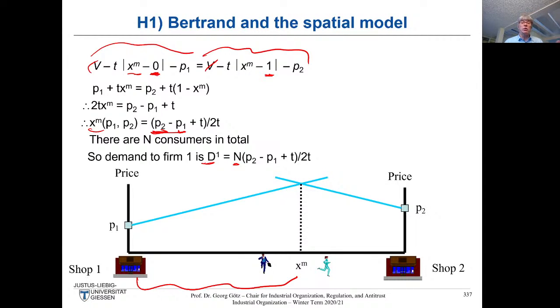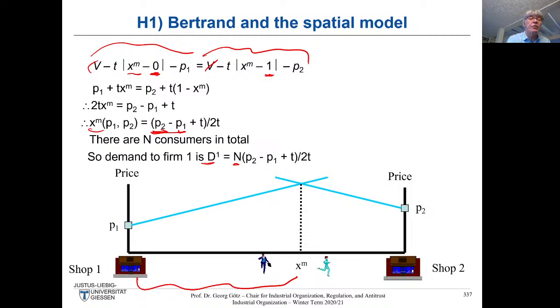Okay, now, as you always, now we have got the demand function, and once we have the demand function, everything is solved because we can simply now set up the profit function, take derivatives with respect to prices, solve for best response functions, and solve for the Bertrand-Nash equilibrium. That's what we are going to do right now, okay?